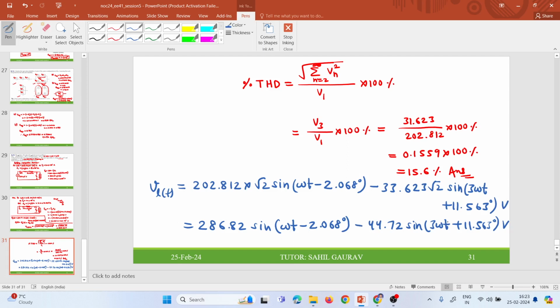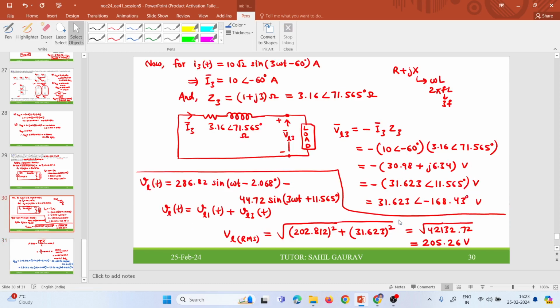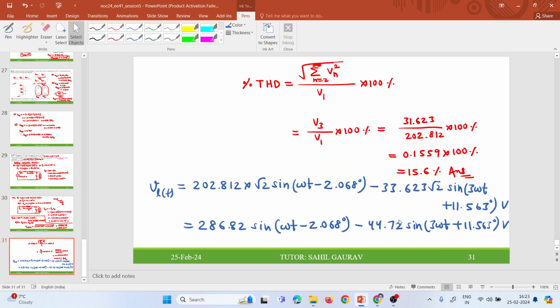If you take minus, then subtract 180 degree from 11.563 degree. So you will get another term with respect to angle, but the RMS load voltage will not change. This will change only the phase angle. So whatever RMS voltage we got, VL RMS, that will be 205.26 volt. It remains unchanged.